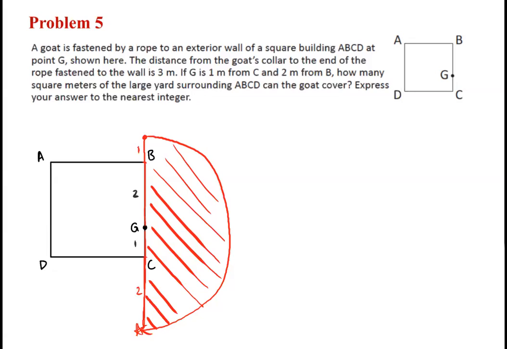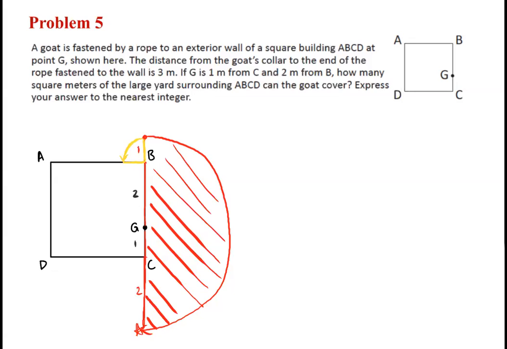Now, let's just go back to the corner of point B. So the goat can actually move some more. The goat can actually go this way a bit and form a tiny little quarter of a circle.